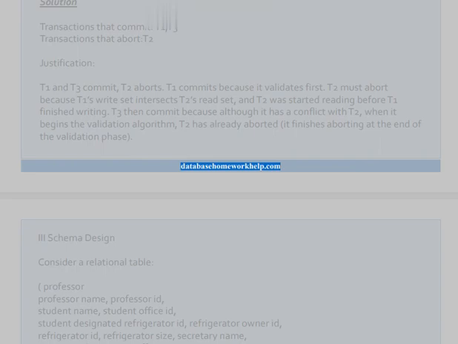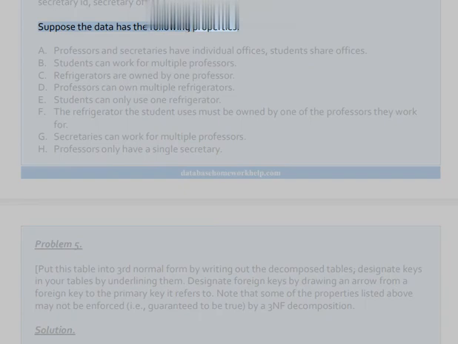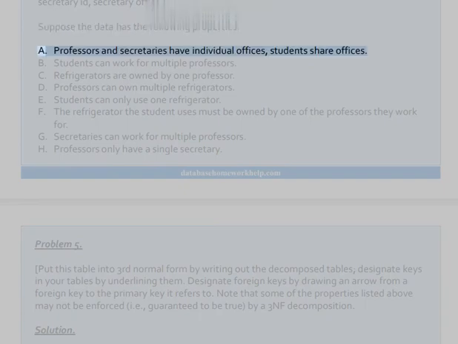3. Schema design. Consider a relational table: professor name, professor ID, student name, student office ID, student designated refrigerator ID, refrigerator owner ID, refrigerator ID, refrigerator size, secretary name, secretary ID, secretary office. Suppose the data has the following properties. A. Professors and secretaries have individual offices, students share offices.